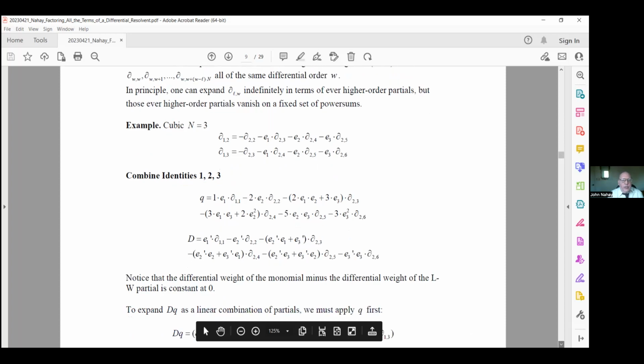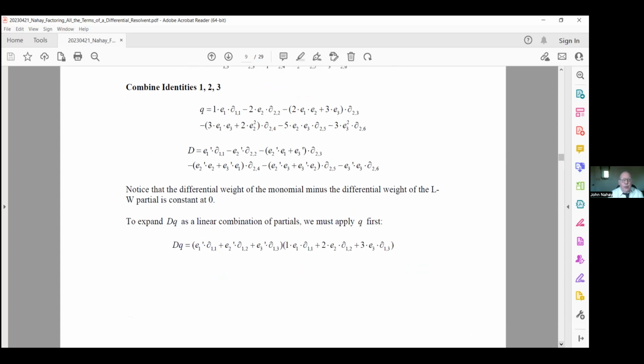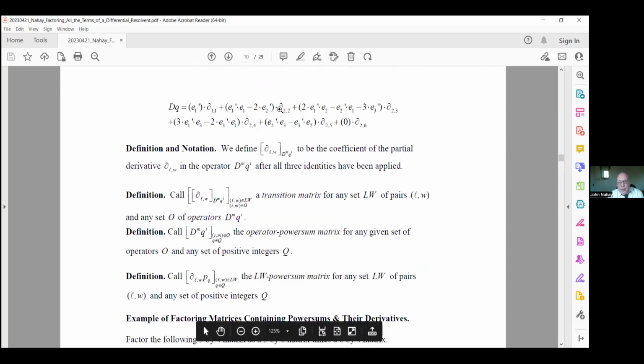To expand, so here I show expanding DQ as a linear combination of partials. I'm going to just write it down. This is what it is. Okay, so we define this square brackets del LW subscript DMQI to be the coefficient of the partial derivative in the operator DMQI after all three identities have been applied.